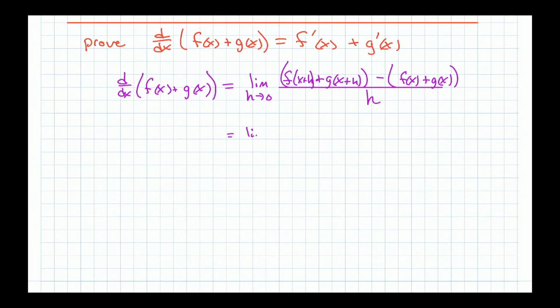Well, if you just work out what you have there in the numerator, you can rearrange it and have f of x plus h minus f of x from this and this, plus, from the g and the g, g of x plus h minus g of x, over h.